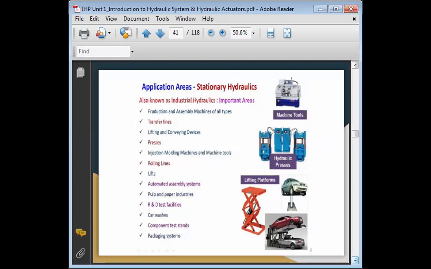Please remember the difference between stationary hydraulics and mobile hydraulics. In stationary hydraulics, you cannot move your power pack from one place to another. But in mobile hydraulics, you can move your power pack from one place to another.